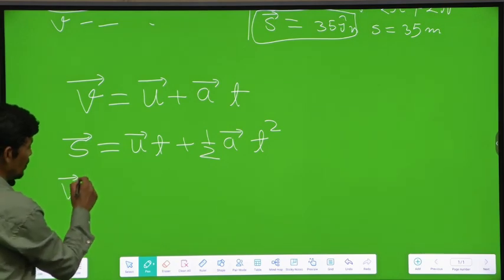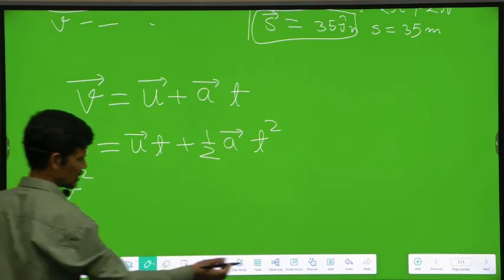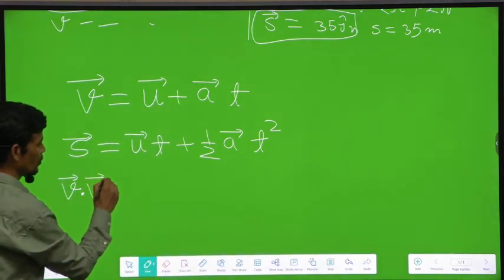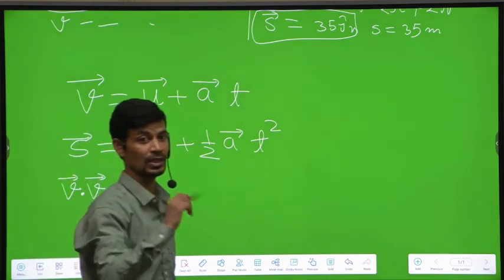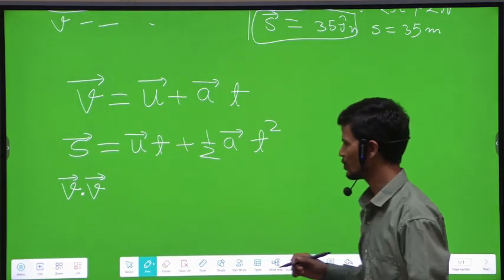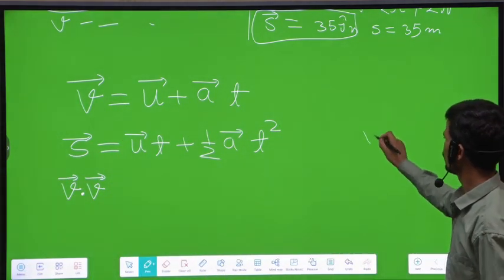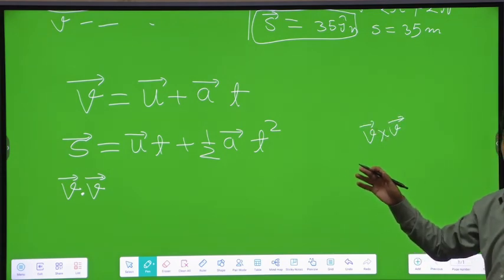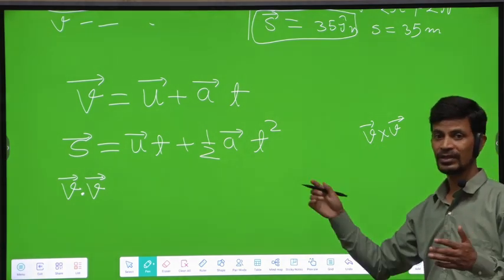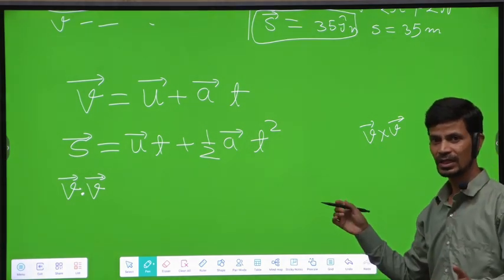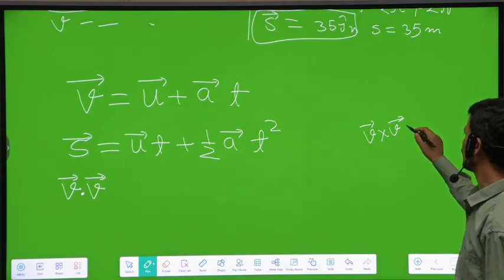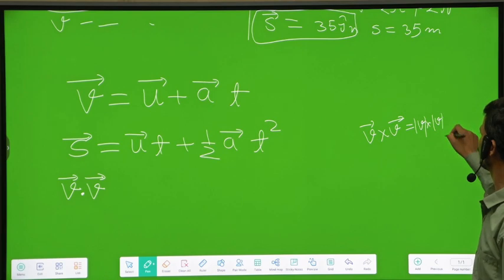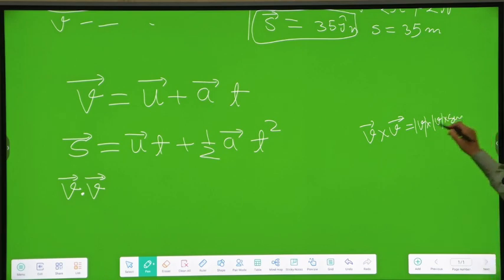We can't write v vector square. This is meaningless. It is v dot v. We can't say v cross v. There are two reasons for that. First, v cross v: just go back to the video on vectors, and this thing will be clear for you. It will be mod of first multiplied by mod of second multiplied by sine of the angle between them.